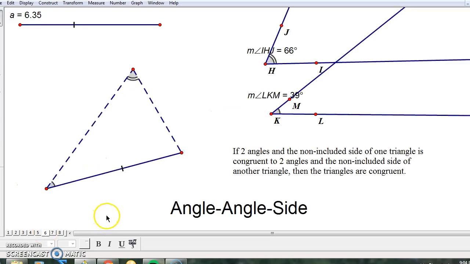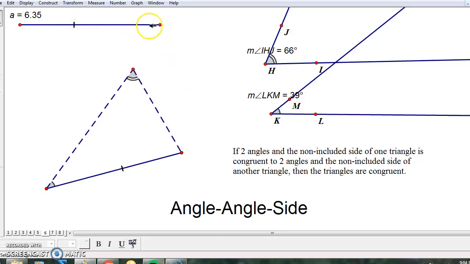Then we have the angle-angle-side. This one's kind of a difficult one to show, but basically, if we have two angles and a non-included side, now I don't have a second triangle here, but it was too hard to demonstrate. What I can demonstrate is that there's only one possible triangle.